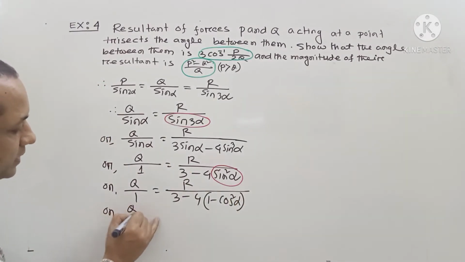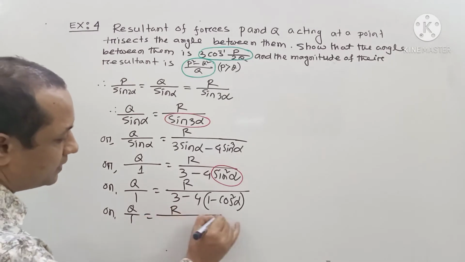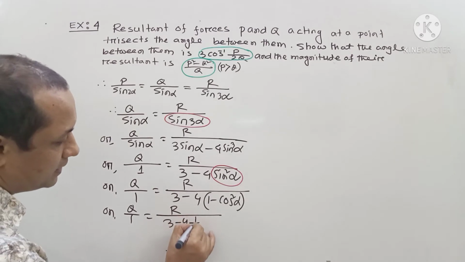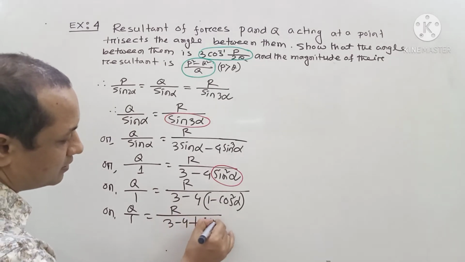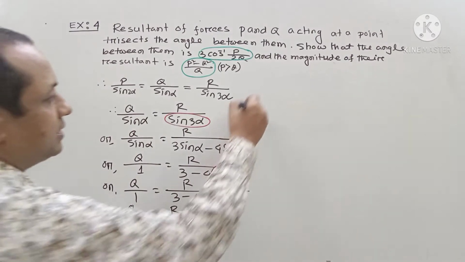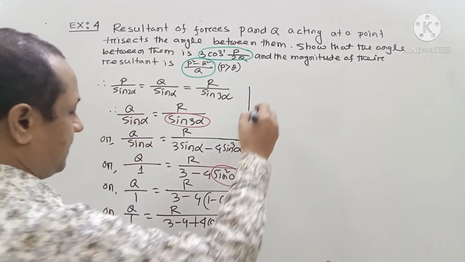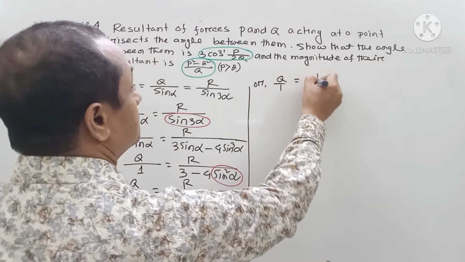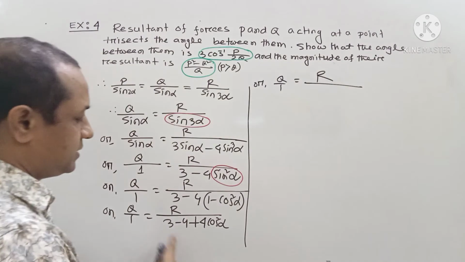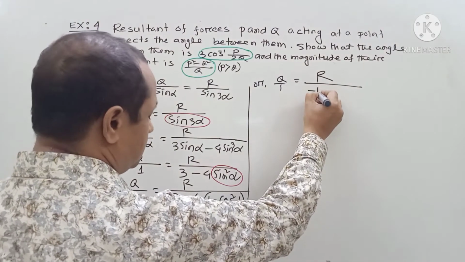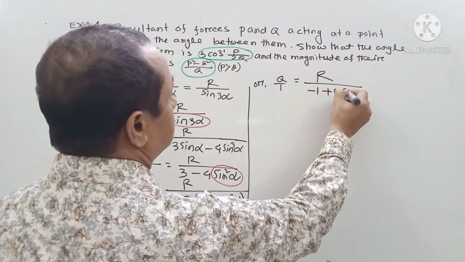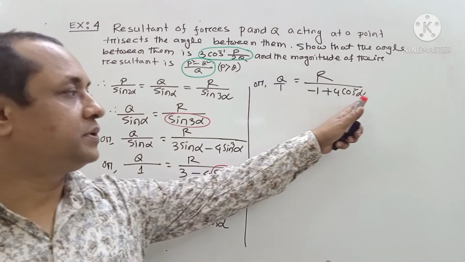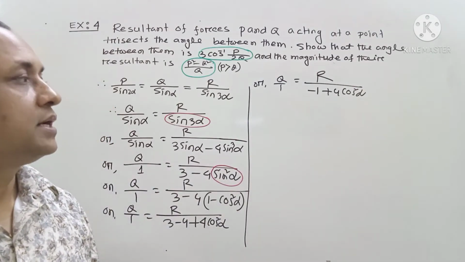This is a trigonometric formula. Then Q by 1 equals R by 3 minus 4 into 1, which is 4, minus minus will be plus 4 cos square alpha. Next line: Q by 1 equals R by 3 minus 4, equals minus 1 plus 4 cos square alpha.